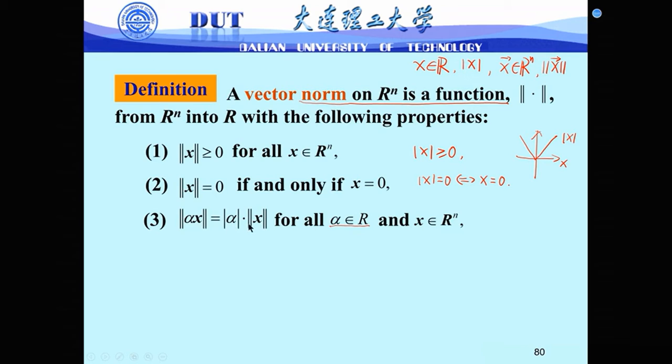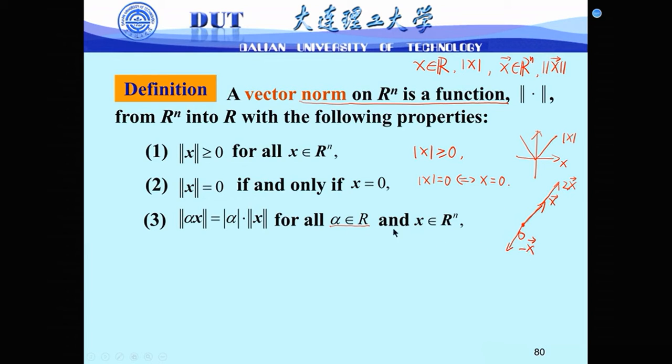Actually, when you multiply the vector by alpha, you don't change the direction. If this is vector x, here is O, the origin, then for example 2x doesn't change the arrow direction, so the length is twice. And if you consider minus x, it means multiplying by minus 1.